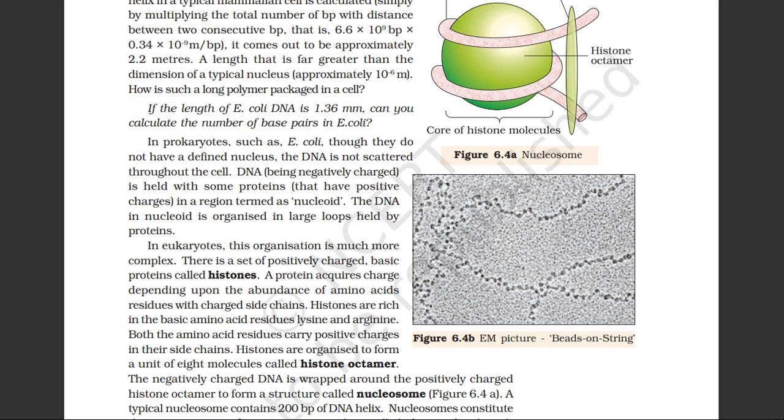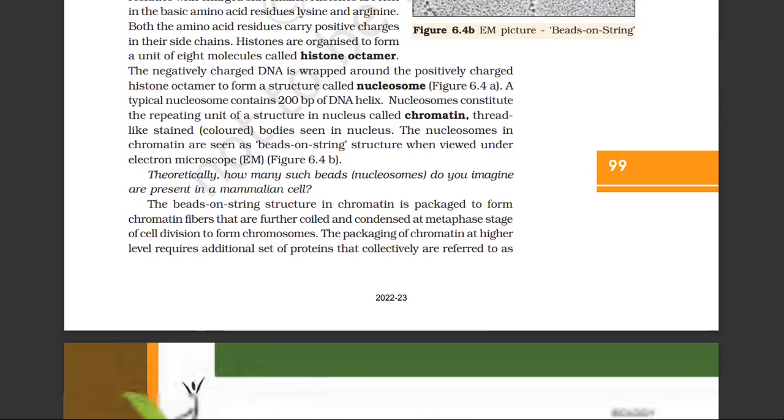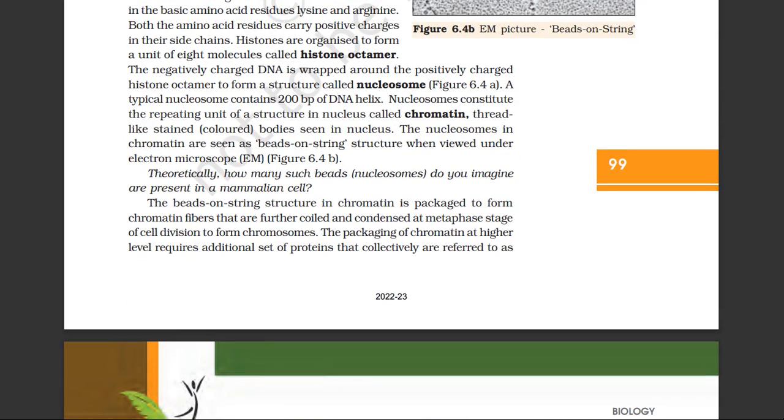A typical nucleosome contains 200 BP of DNA helix. Nucleosomes constitute the repeating unit of a structure in the nucleus called chromatin, a thread-like stained, colored body seen in the nucleus. The nucleosomes in chromatin are seen as beads on string structure when viewed under electron microscope (EM), figure 6.4b.